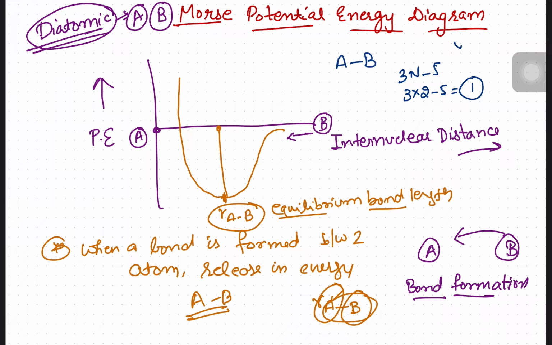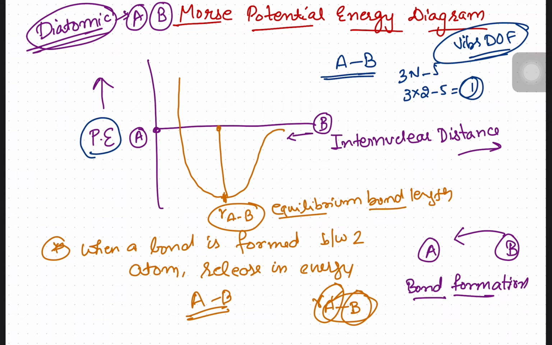Basically, in the whole scene we will consider vibrational degrees of freedom, because in a chemical bond the vibrational factor always dominates over translation and rotation. So in all further diagrams we will only consider the vibrational degrees of freedom. In this case, the one was a vibrational degree of freedom.